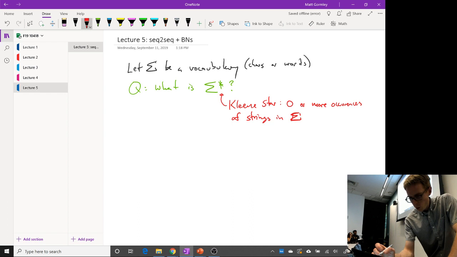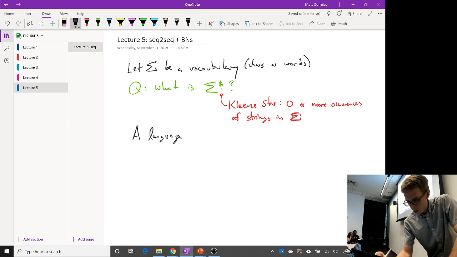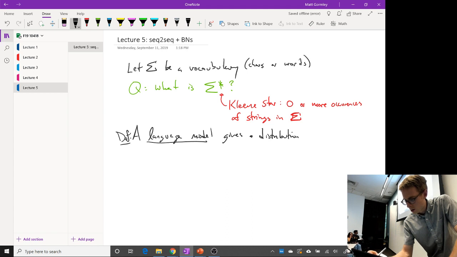And what we would say then is that a language model gives a distribution over sigma star.